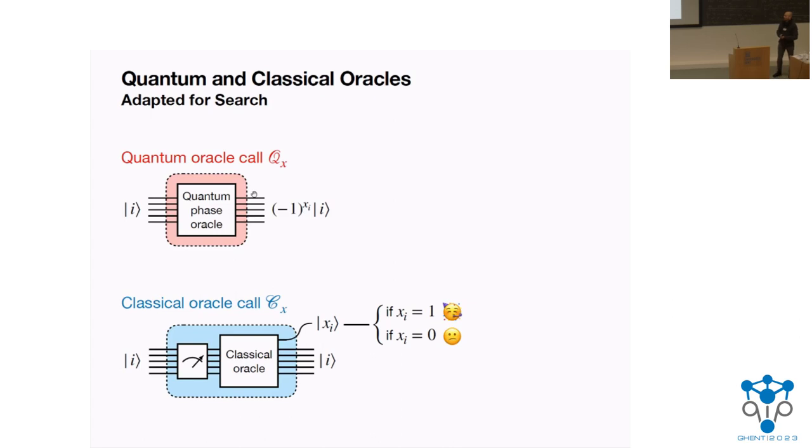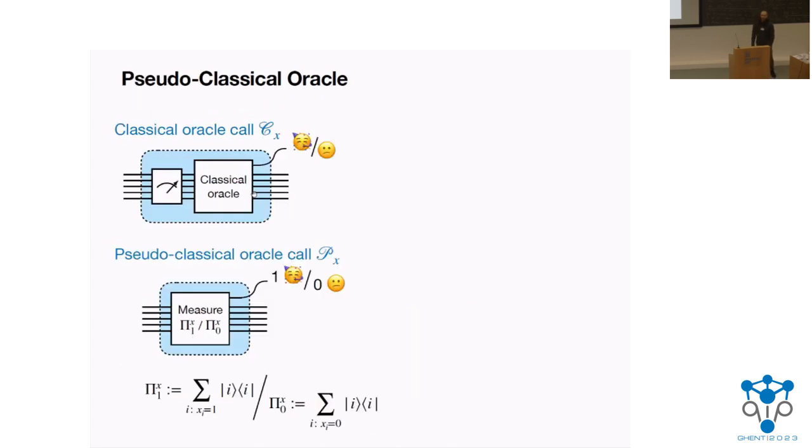And now I'll start already working towards the proof of our results. I will actually not use a classical oracle, but a slightly more powerful oracle in my proofs. Because I'm going to be proving hardness using a more powerful oracle, all the results will also carry over for the classical oracle. And that's the oracle that I call the pseudo-classical oracle.